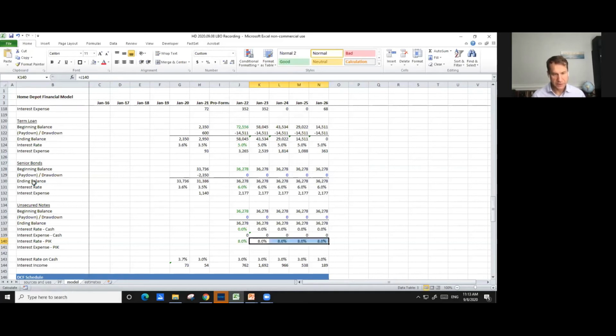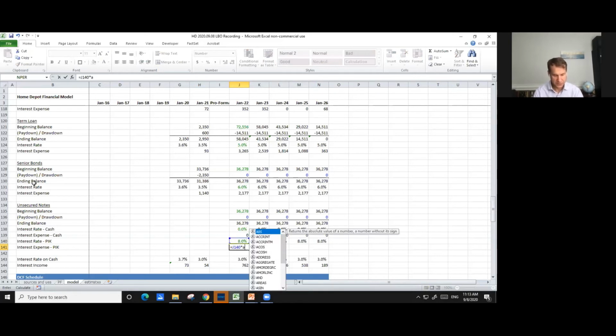So what that 8% means, payment in kind, is that 8% will accrue to the balance every year. So I'll calculate what that 8% is.